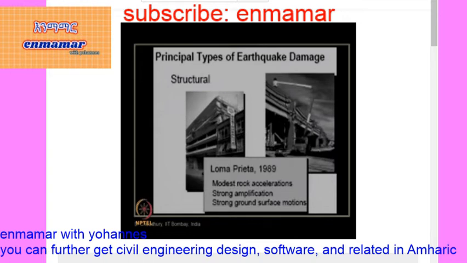But again, the soil condition was majorly responsible for creating a strong amplification, which increased the basic input bedrock seismic acceleration to a larger value, which finally created damage to the structure. So that strong ground surface motion also created the damage in this Loma Prieta 1989 earthquake.